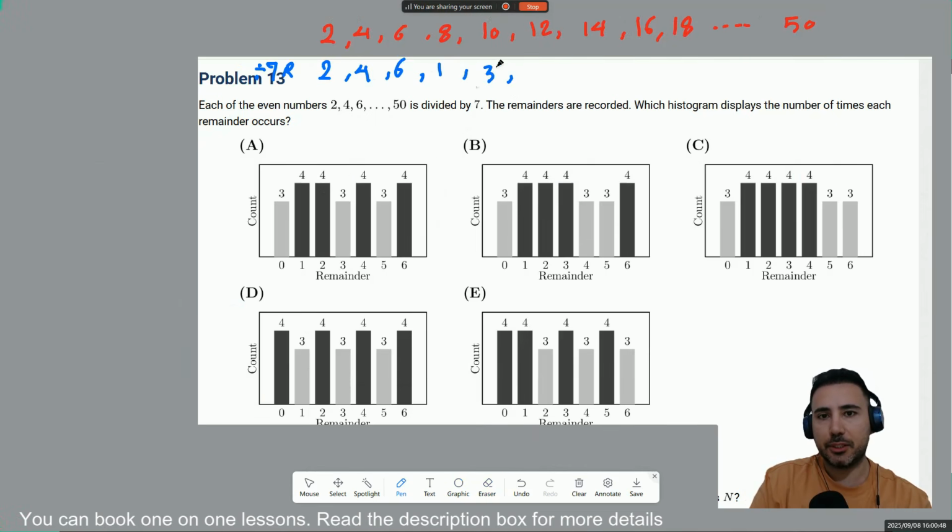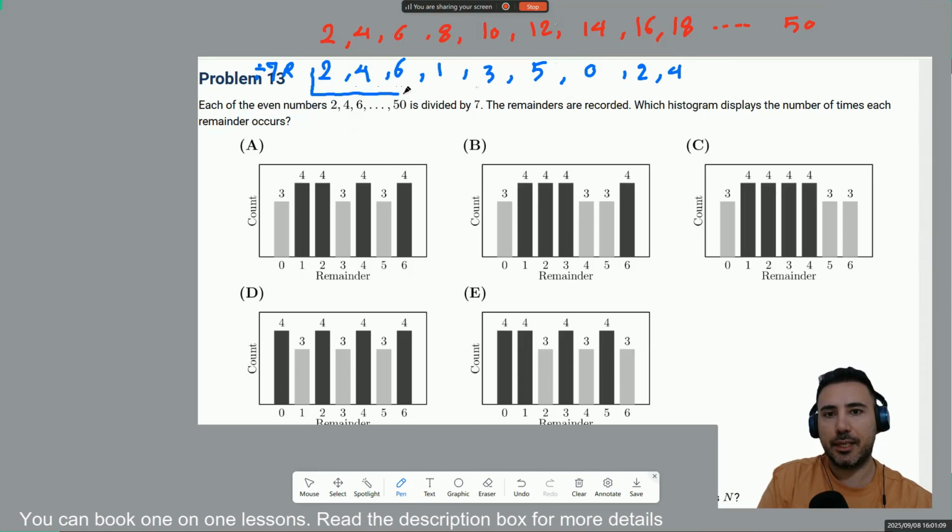As you see, that's just plus 2, plus 2. 12 divided by 7, remainder is 5. 14 is already divisible by 7, so the remainder is 0. 16 divided by 7, remainder is 2, then 4, and look what's happening. So these numbers from here, that's one cycle.